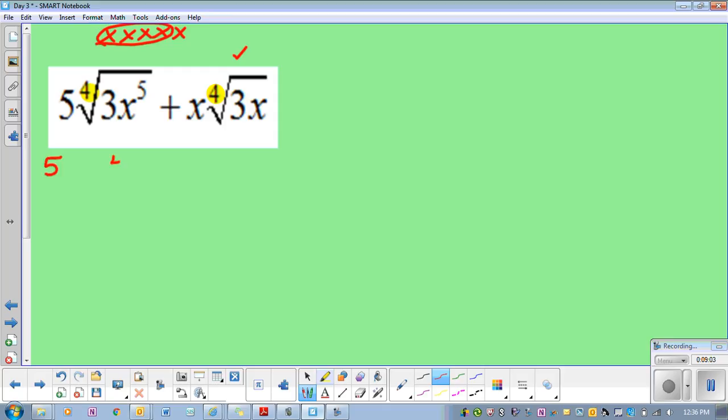One of these x's can come out, and then inside, I still have the 3 and this 1 x that's left over. And then plus x is the 4th root of 3x.